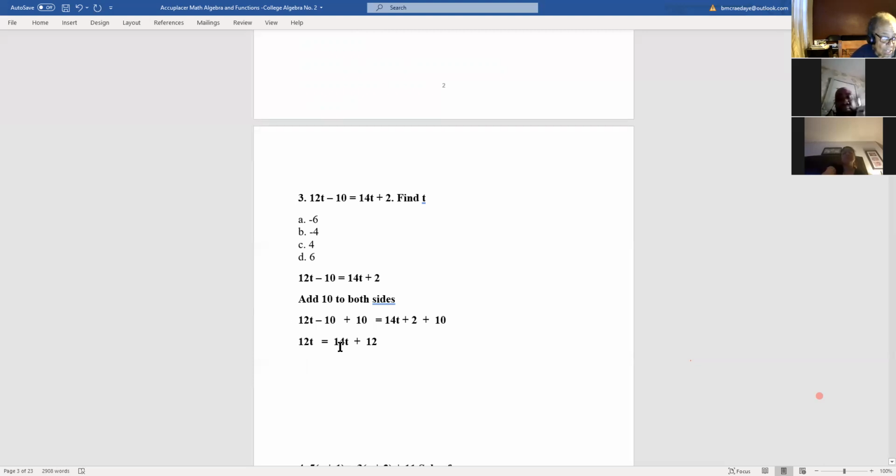Say if you want to get all your t's on the left side, what would you do? You're going to minus what? 14. That's right. Subtract 14t from both sides. Okay. Now let's just do that.